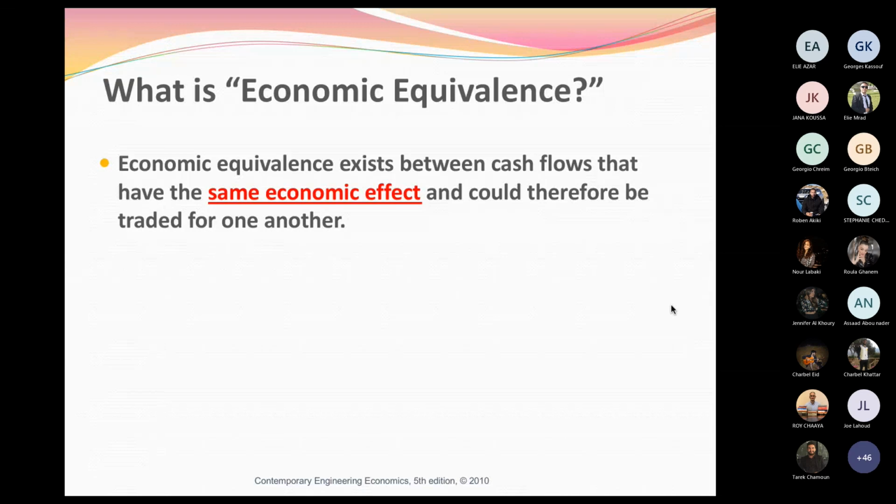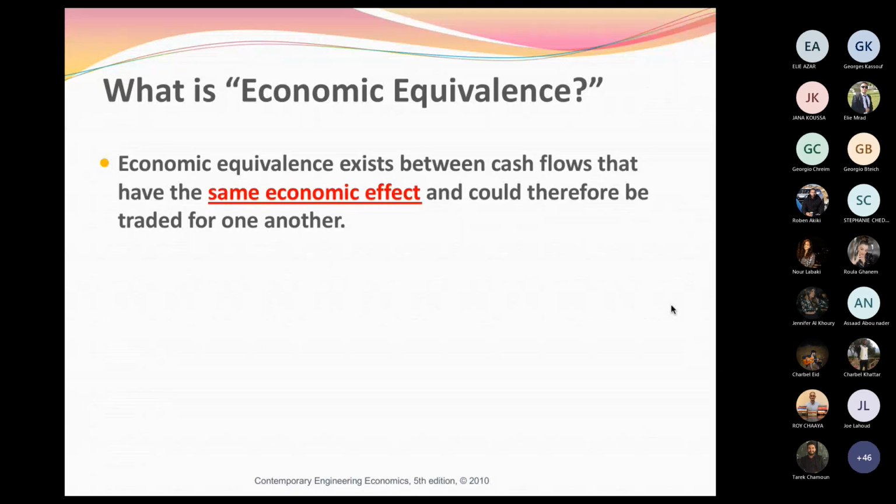This equivalence exists between 2 cash flows that have the same economic effect and could be traded for one another. What does could be traded for one another mean? It means economically going for this one or this one is the same. I can trade this cash flow for this one. They are economically equivalent. They have the same economic effect. This is what we mean by economic equivalence.